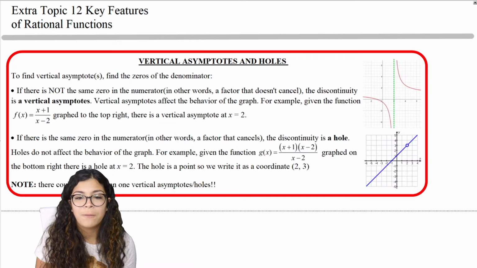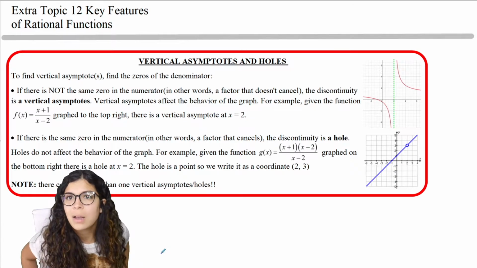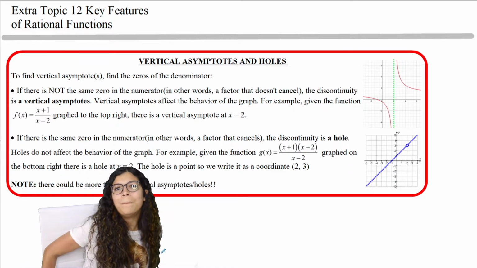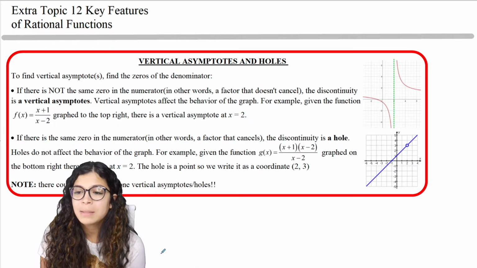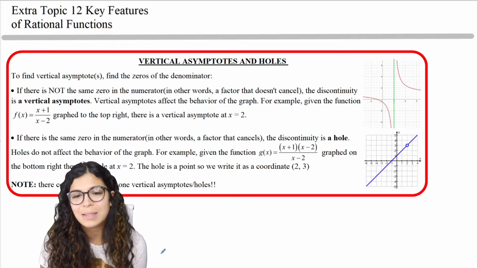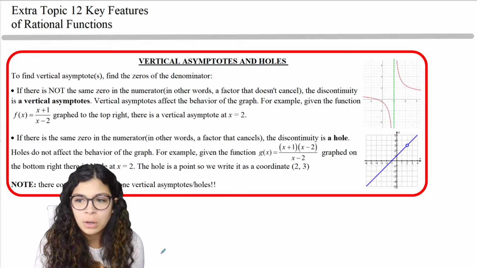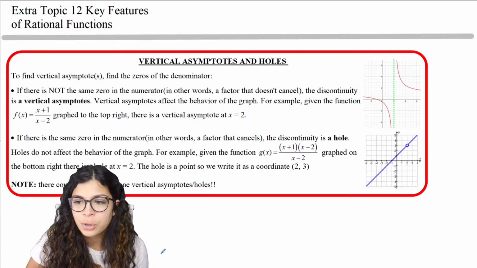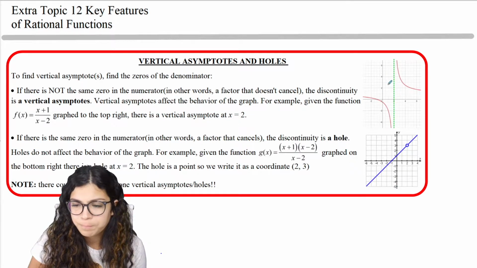Let's first talk about vertical asymptotes and holes. These are discontinuities in the domain of the rational function. So what does that mean? That means that that value is not defined in the function. So if I look up x equals 2 here, there is no value. It's undefined.